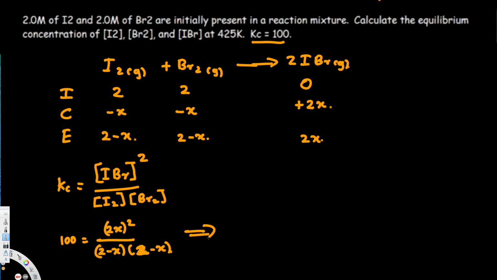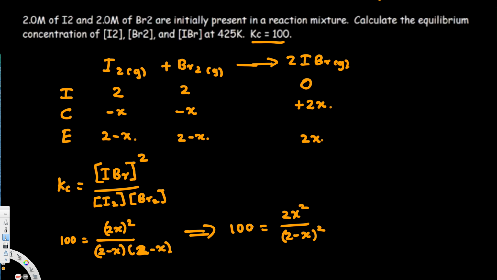Now let's simplify this one. This is going to be 100, and we can combine the 2 minus x terms together, and that's going to become (2 minus x) squared, so 100 equals (2x) squared over (2 minus x) squared.